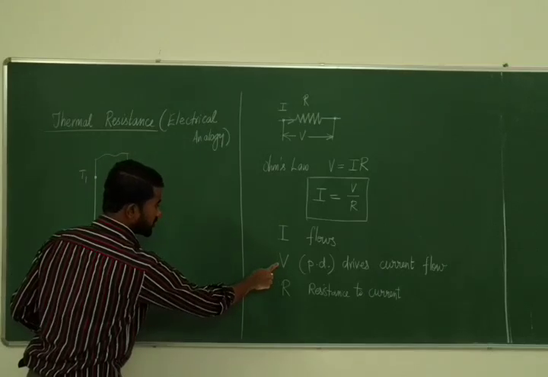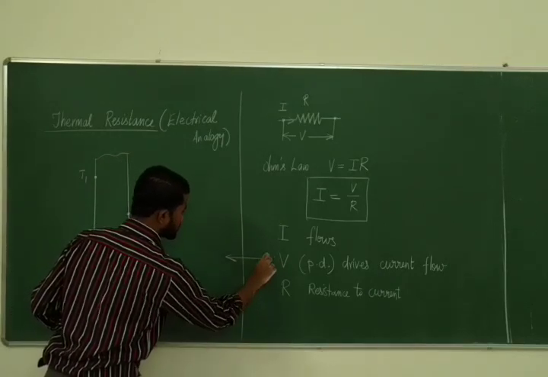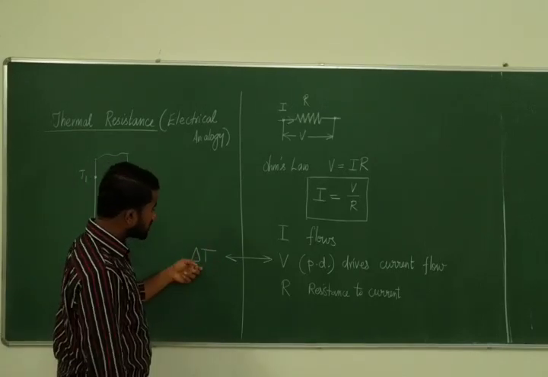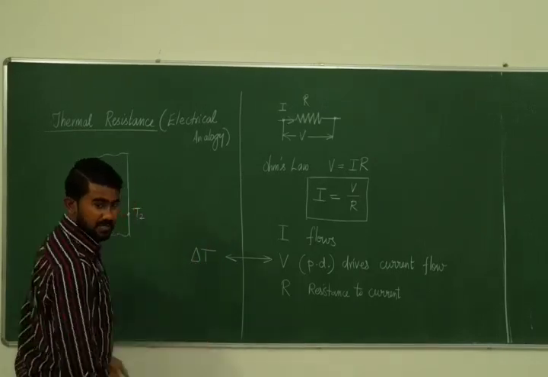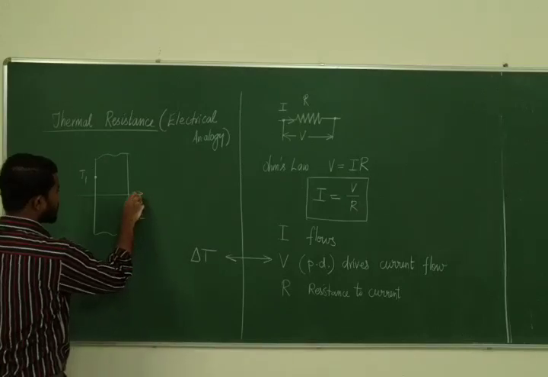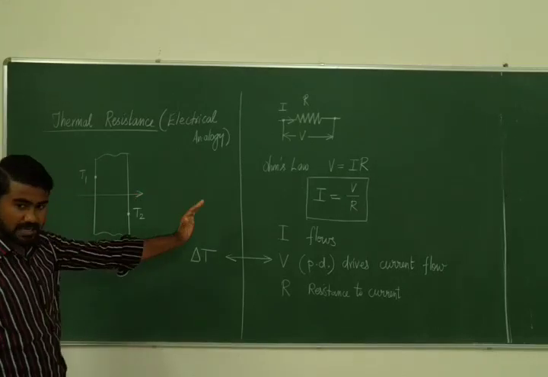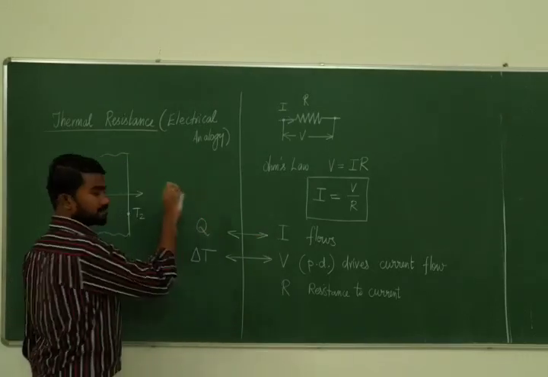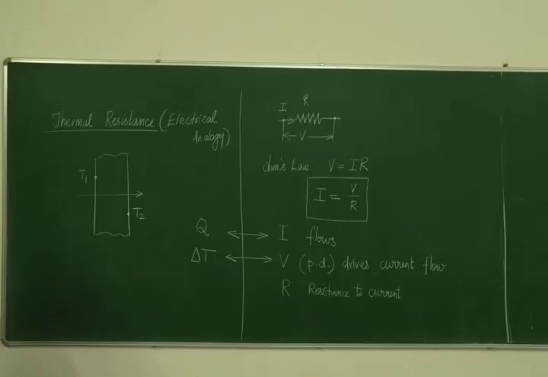So instead of potential difference, we have temperature difference. It drives the heat transfer. Because of this temperature difference, there is a flow of heat. So what flows? Heat flows. And what opposes the heat flow is the resistance.